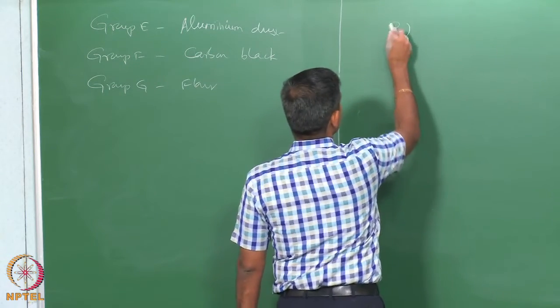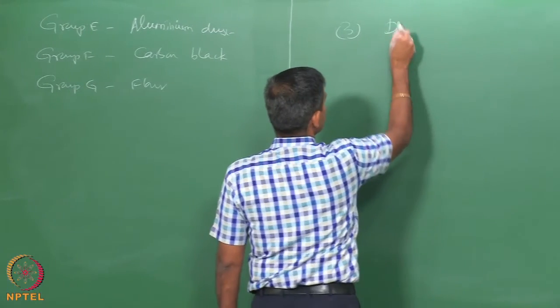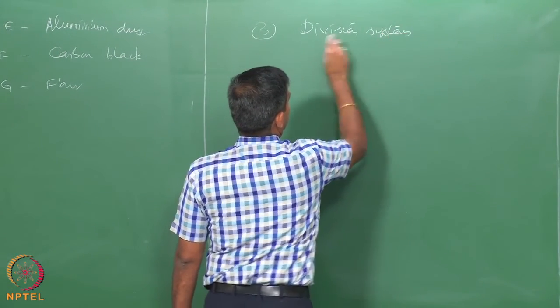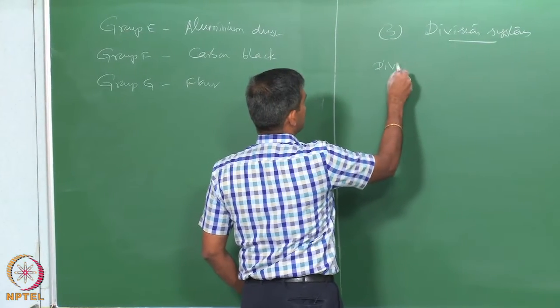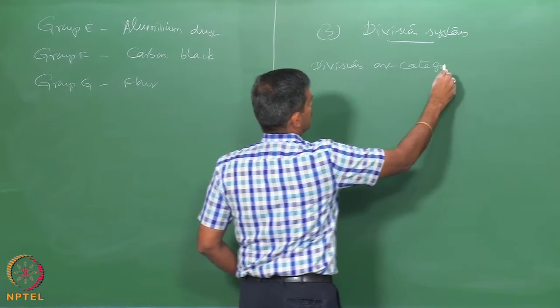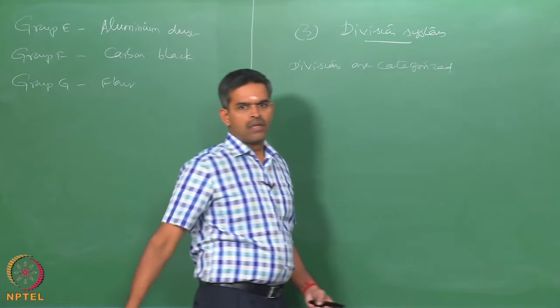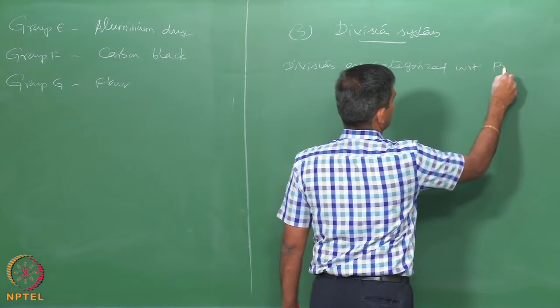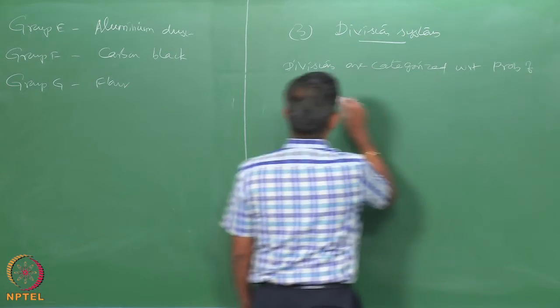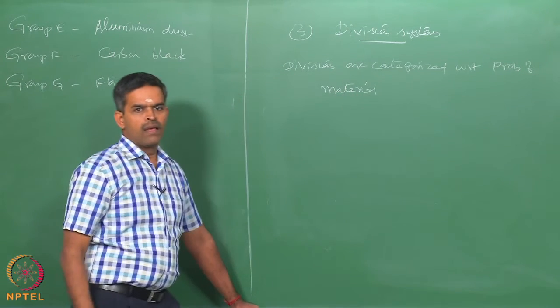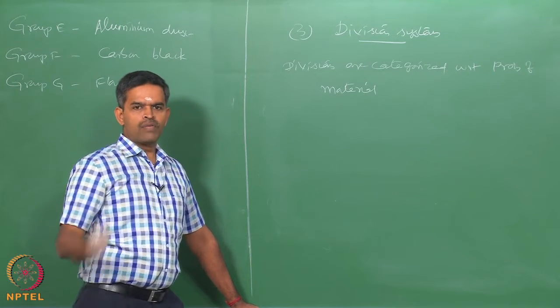The third classification is the division system. Divisions are categorized with respect to the probability of the material being flammable or within the explosive region.